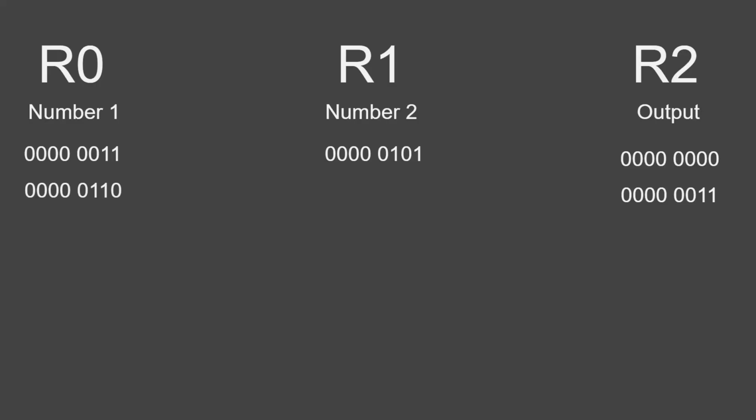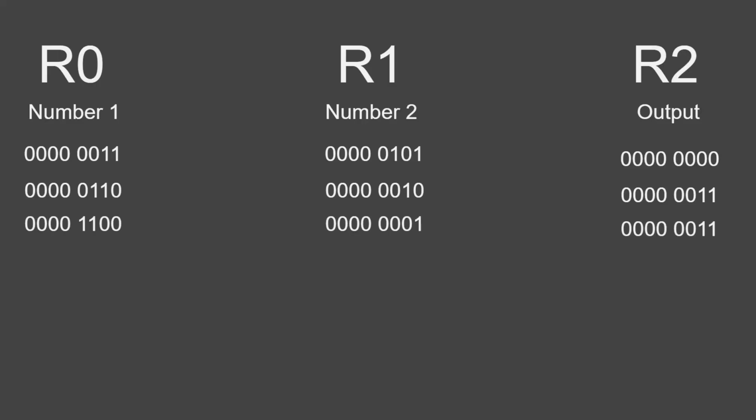Then, to view the next digit of our number in R1, we're going to have to shift it to the right one. So now the second digit becomes the first digit. We then repeat this process. We look at the first number of R1 and we see it is a 0, so we don't add anything to R2. Then we shift the value in R0 to the left and shift the value in R1 to the right.